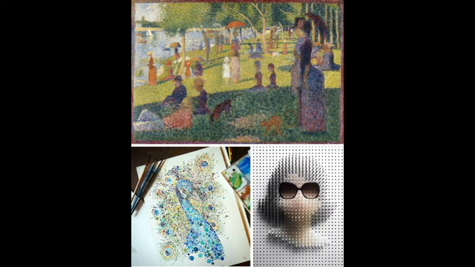Now, for those of you that aren't familiar with what a pointillist is, pointillism is a technique of painting in which small, distinct dots of color are applied in patterns to form an image. And it's kind of an offshoot that's first developed in 1886, and it's a bit of a branch of Impressionism.